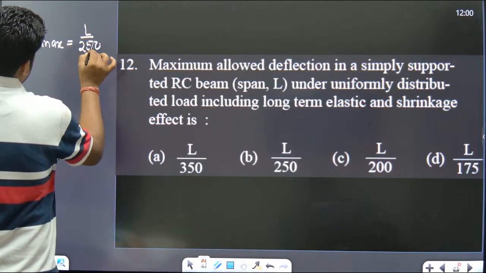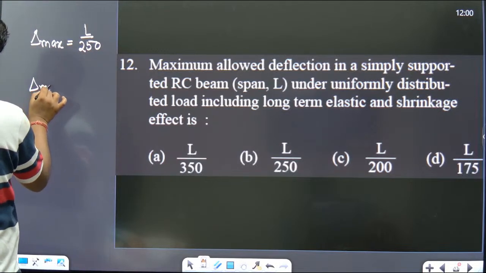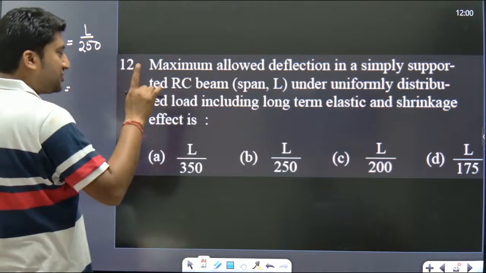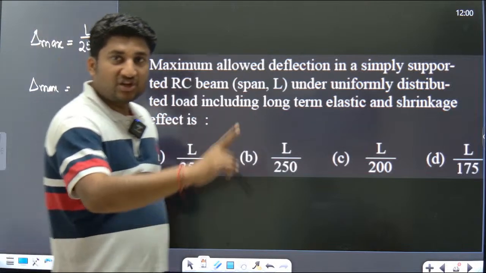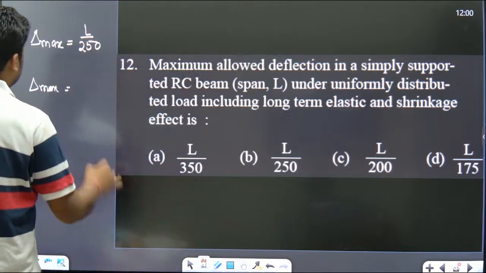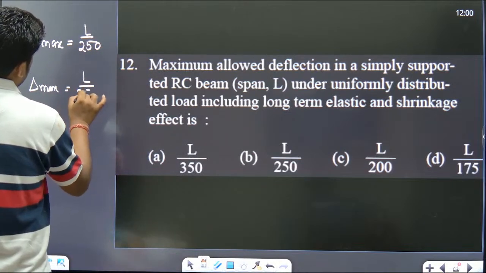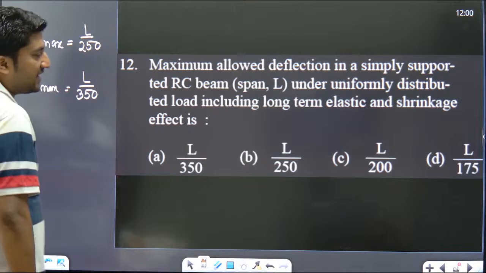But whenever you have also considered the partition, then the value is L upon 350.